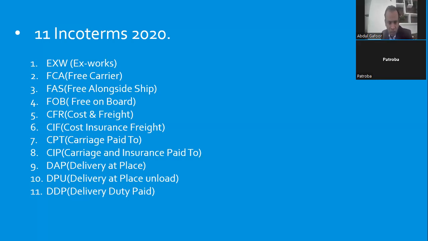Here the important thing to understand is that most of the time CPT is preferred for land freight, road freight connecting the borders of countries. I will tell you the reason. Loading is the responsibility of the seller.